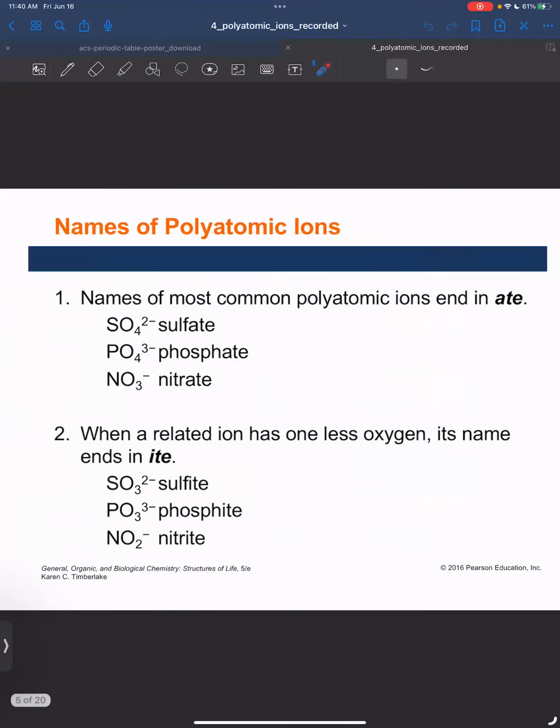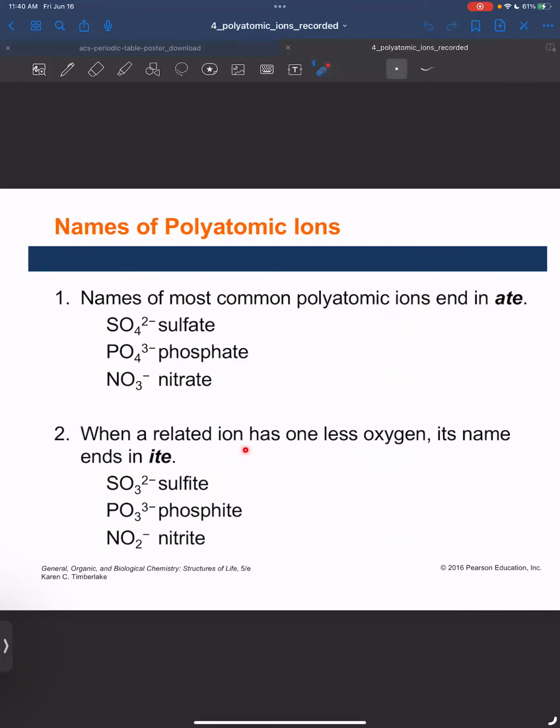Now I just want to highlight some patterns for naming the polyatomic ions. Once again, you don't need to memorize them, but it is helpful to recognize patterns. Names of most common polyatomic ions end in ate. So sulfate, SO4 2 minus, phosphate, PO4 3 minus, nitrate, NO3 minus.